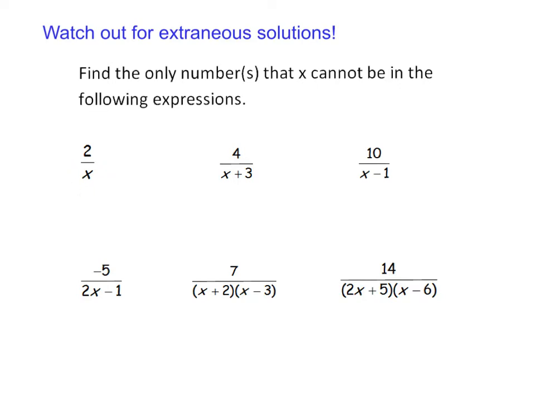If I had 2 over x, like this first fraction right here, plus 1/2 equals some fraction, say 3 over x plus 2, I'm making something up here. If I had that, what could the denominator never be? Well, the denominator cannot be 0.